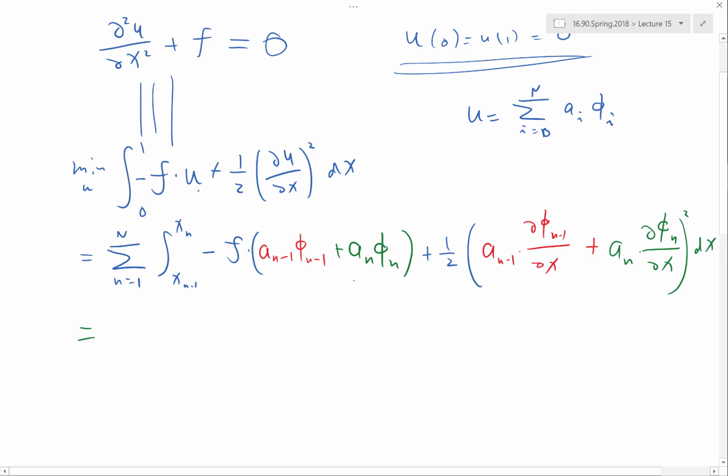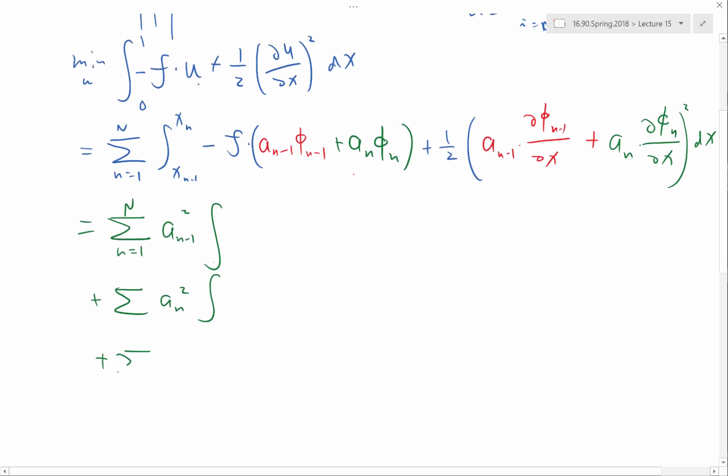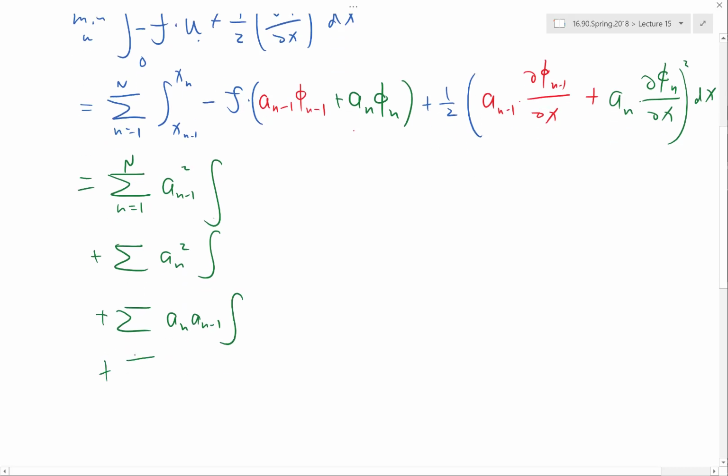Again, starting from the quadratic terms. So the quadratic terms, let's follow out the summation: we have a_{n-1} squared times something, plus a_n squared times something, plus a_n a_{n-1} times something, then comes the linear terms, a_n times something and a_{n-1} times something, right?